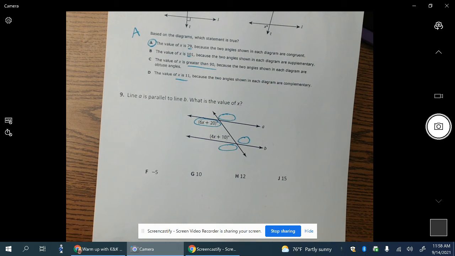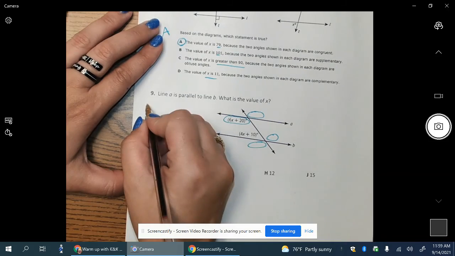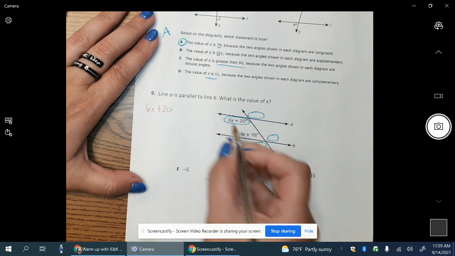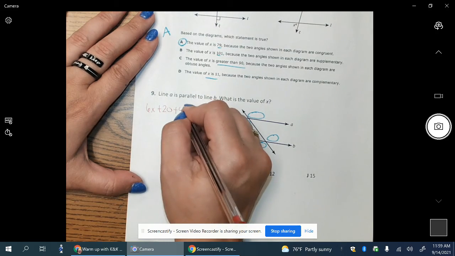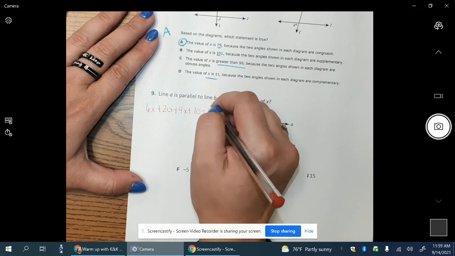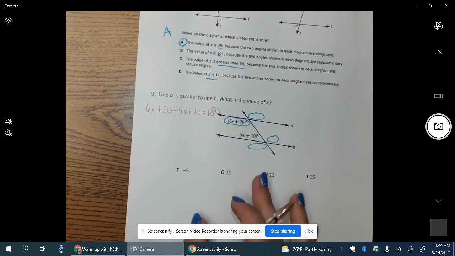If they're not circled or highlighted the same, that tells me they are supplementary. When they're supplementary, what do I do? Add them. 6x plus 20 plus 4x plus 10. And what does it equal? 180. I'll give you a minute to solve that.